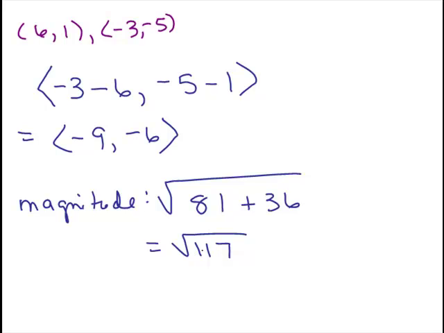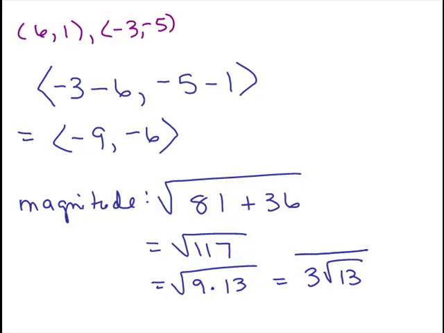Anytime the digits add up to 9 in a number, then 9 goes into it. So this is the square root of 9 times what? 13? Is that right? Think so? Okay, so that would be 3 square roots of 13 if you were going to simplify that. And voila, we found the magnitude.